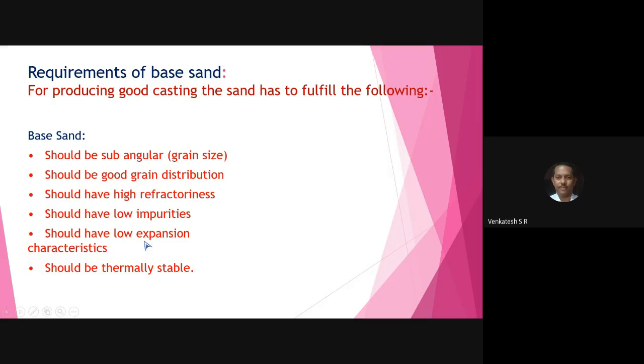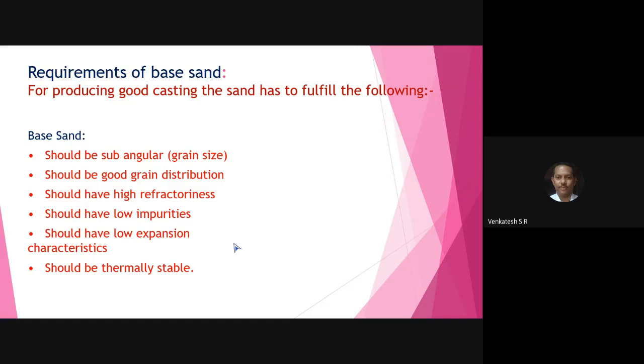Next, the sand should have low expansion characteristics. That's the coefficient of expansion. That's nothing but when you pour the liquid metal, due to the high temperature, there should not be expansion of the mold cavity. Next, should be thermally stable.